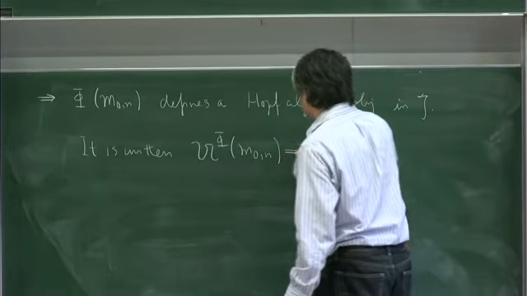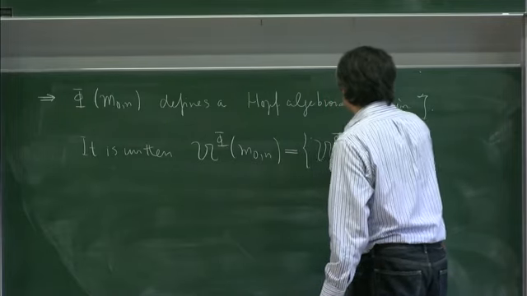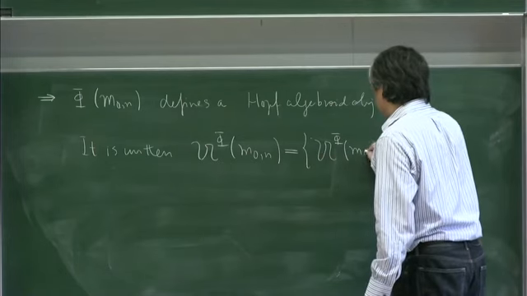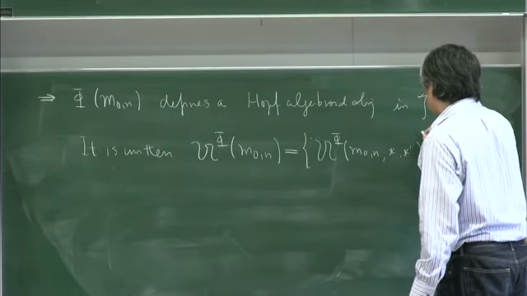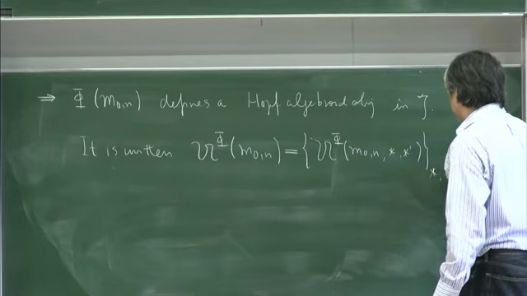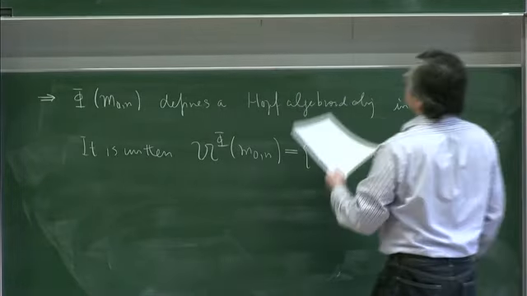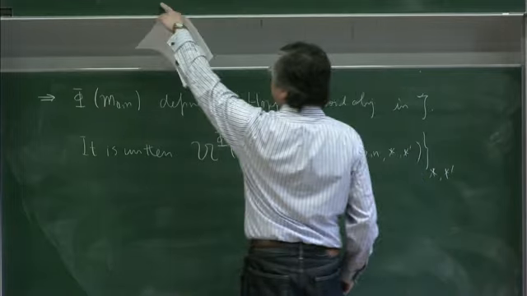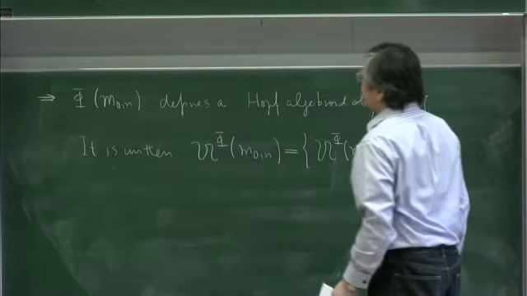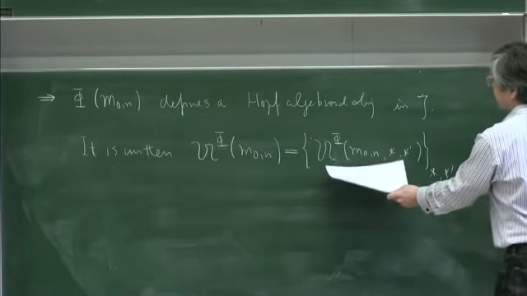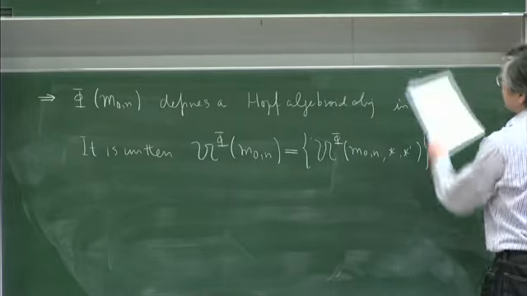Strictly speaking, this is a system of objects in T indexed by 2 points, and multiplications are in this category. So a morphism is, of course, a morphism between the Betti part and a morphism between the de Rham part, and the isomorphism should be compatible. This is a morphism, and so this becomes a Hopf algebroid object in T.